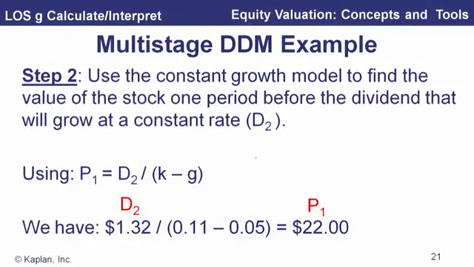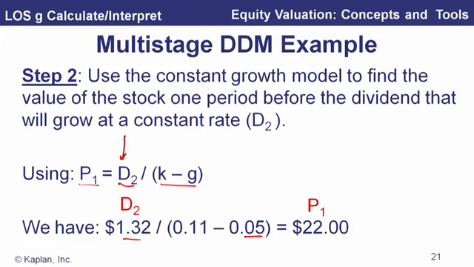So here's step 2. Use the constant growth model to find the value of the stock 1 period before the dividend that will grow at a constant rate. Because when we discount these dividends, we're going back 1 period. So we're going to use P1, the price at time 1, equals D2 over K minus G. Now remember, this is our $1.32 dividend, the one that will grow at a constant rate of 5% forever.